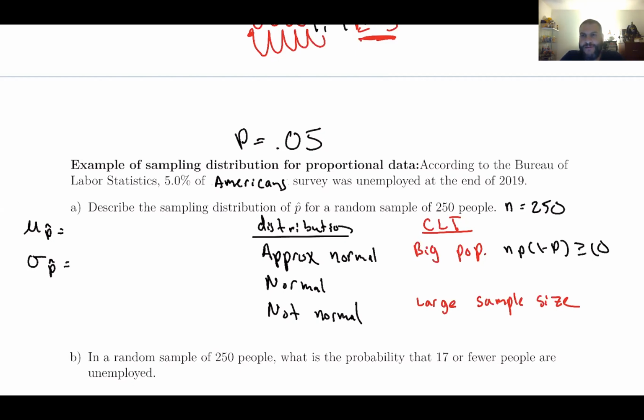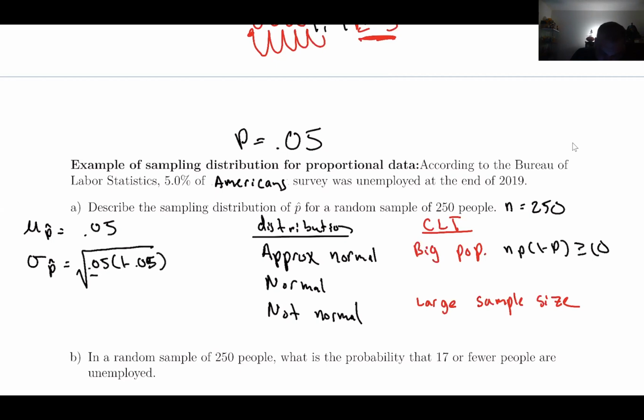Yeah, cool. 0.05, perfect. So p is 0.05. So then we're going to find sigma p hat. That's the square root of 0.05 times 1 minus 0.05, divided by n, which is 250.